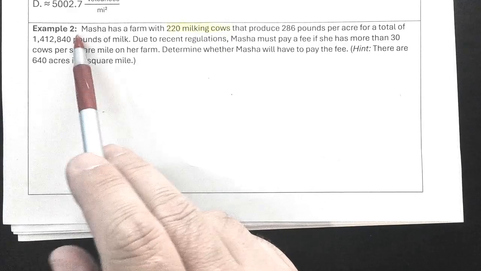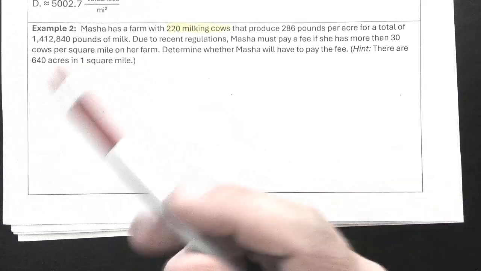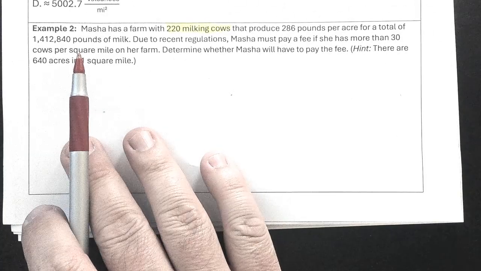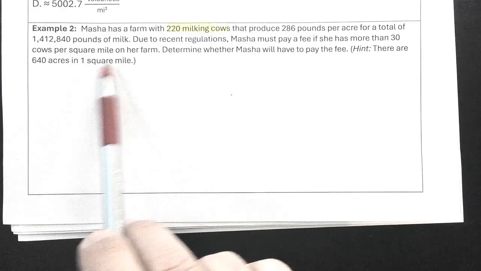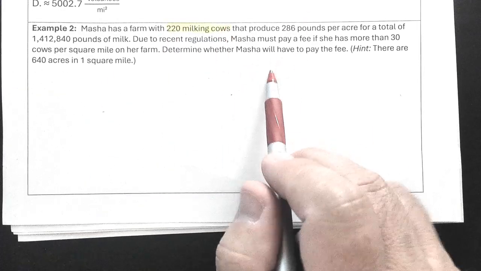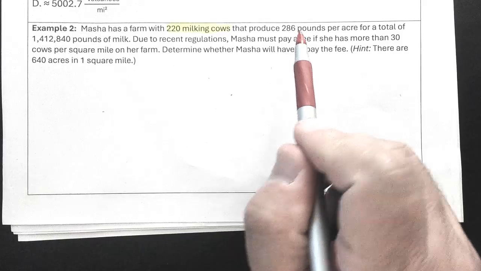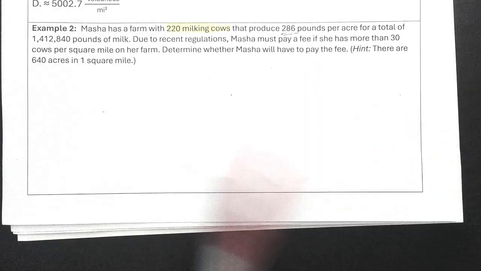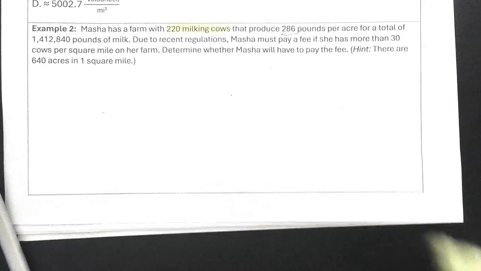So if this is number 30 something, on my scratch paper I'm going to write that down, 220 milking cows. Anyway, so these ladies produce 286 pounds per acre. So, yeah, we're going to keep highlighting.